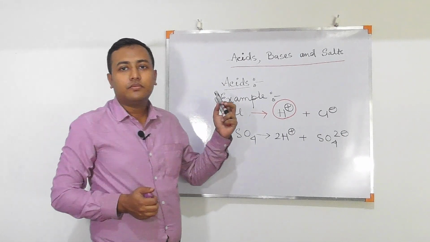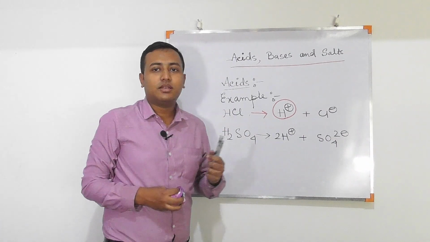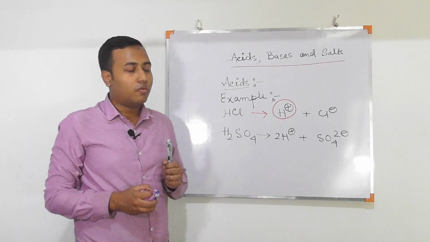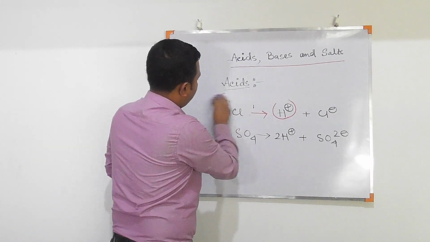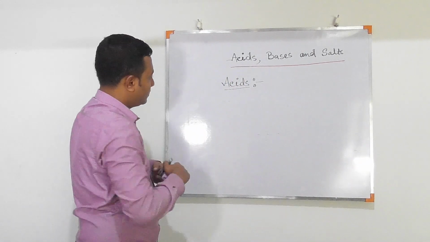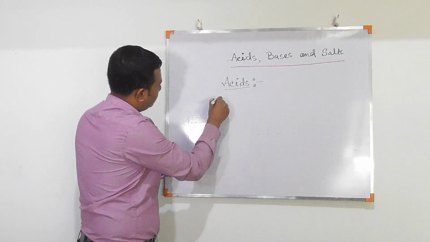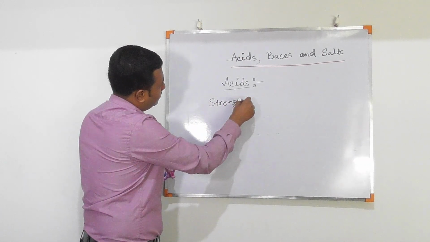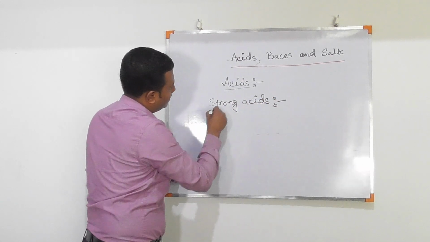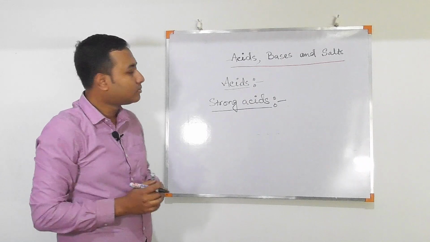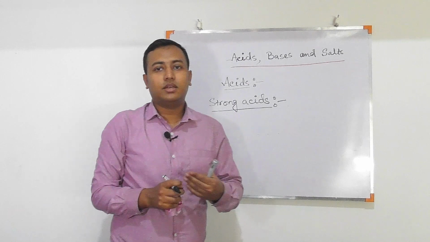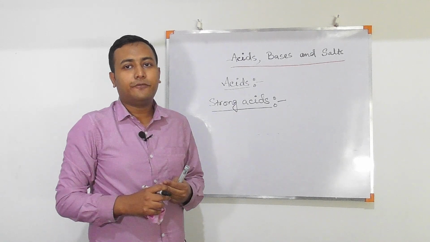Now we will classify the acids. Acids can be classified into two classes. One is strong acid, another one is weak acid. Strong acids are the species which can dissociate fully to give H plus.